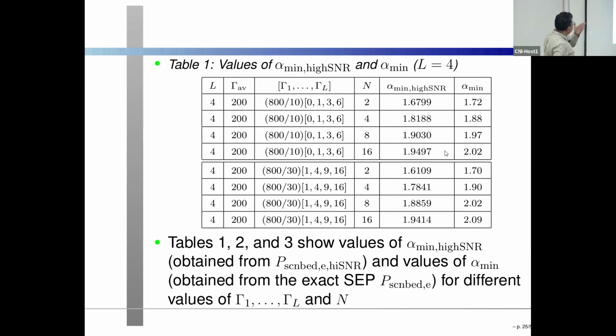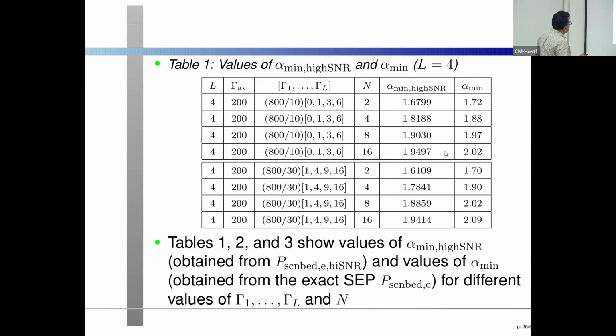Right. Now, let us look at some values of whether we can minimize alpha or not. There exists a minimum value of alpha for this CNBD receiver, because that is one of the simplest, which requires partial CSI.